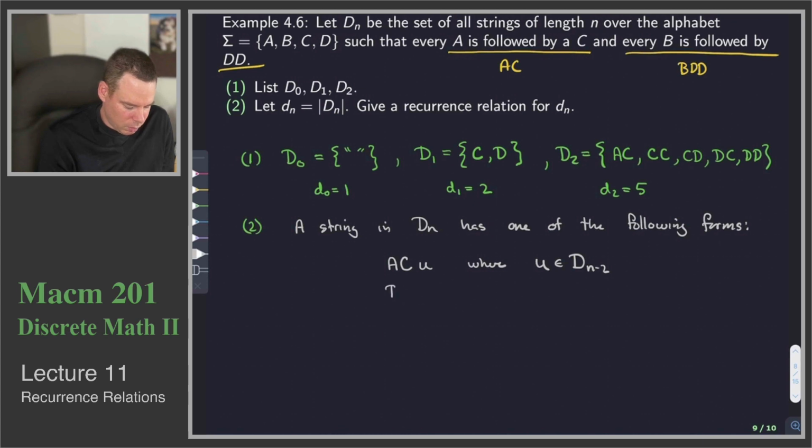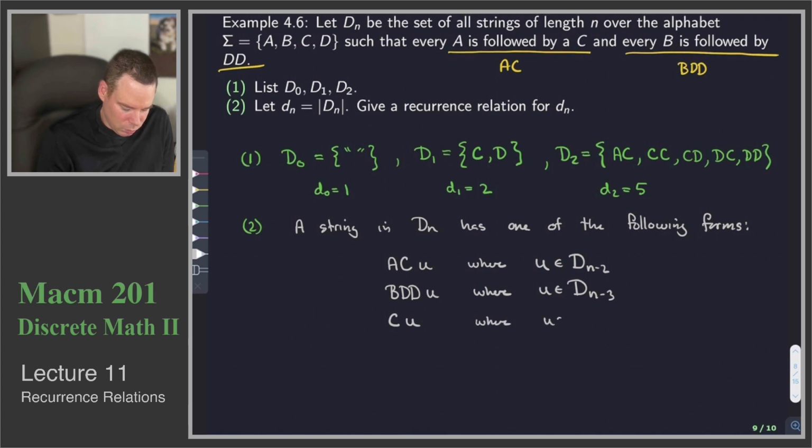Or it could start with a B. If it starts with a B, it would have to go BDD and then end in a word that still satisfies the conditions, but is of length n minus 3. So that word U has to be in Dn minus 3. Or it could start with a C, and then there really are no other conditions other than that it has to end in a word of length n minus 1 that satisfies the original properties.